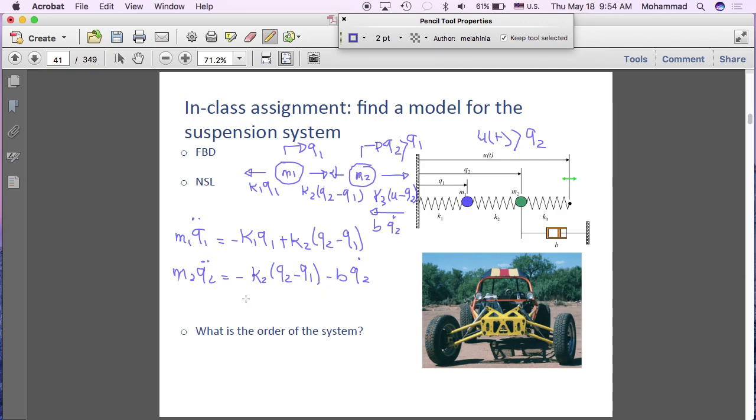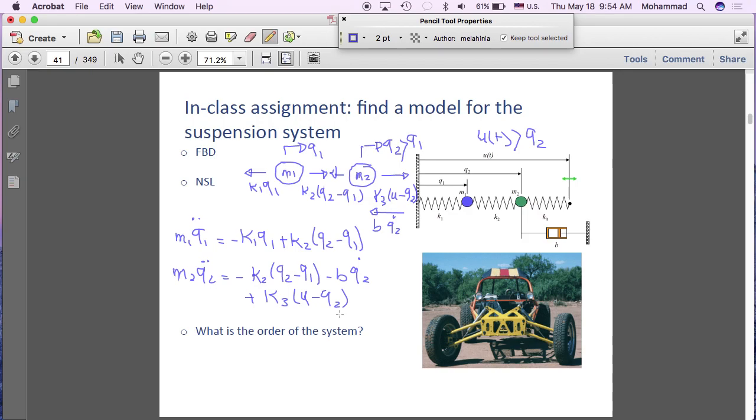And then we have the third force, which is plus k3 (u minus q2). So we have two second-order differential equations.